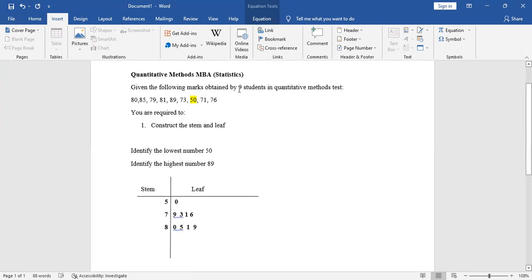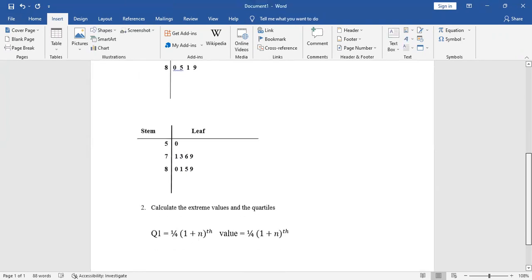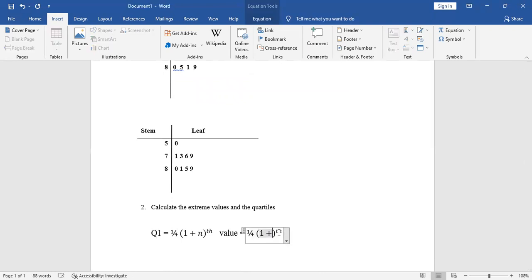There were 9 students, as you can see, so where there is n, I shall put 9. On my calculator, 9 plus 1 gives me 10. 10 multiplied by the 1 on top of 1 over 4 is still 10, and then divided by 4. 10 divided by 4 gives me 2.5.